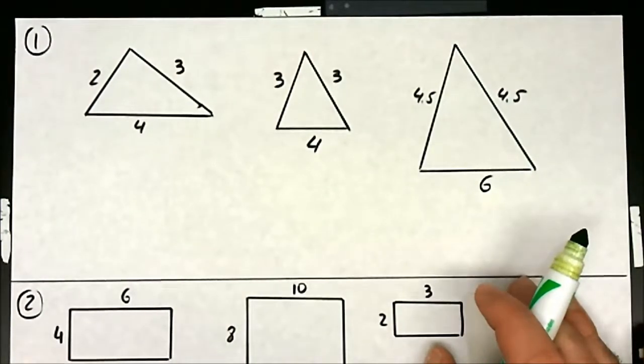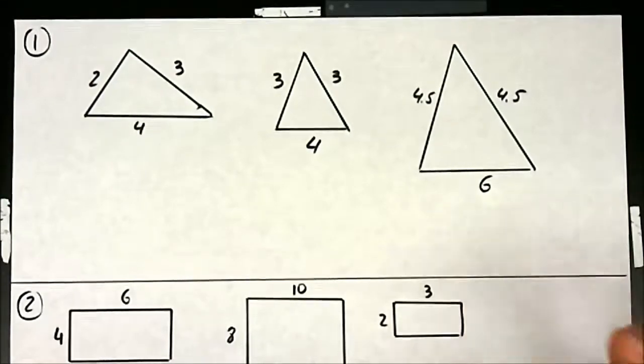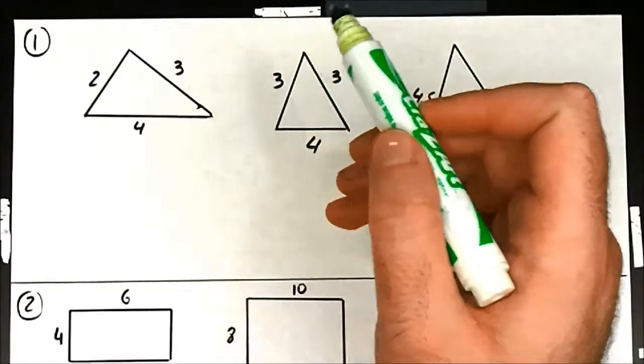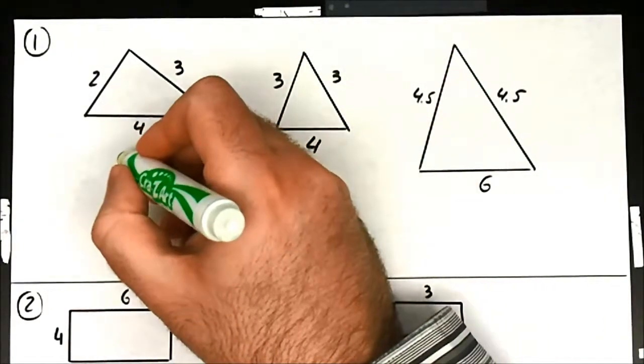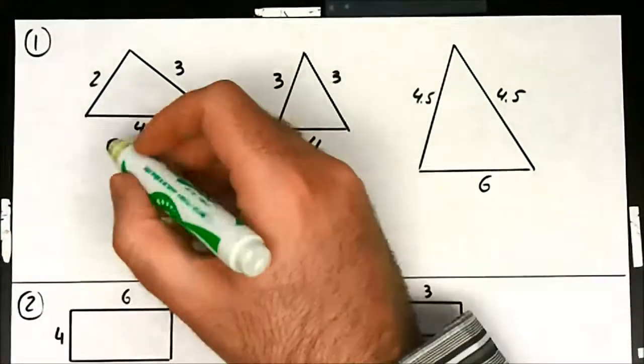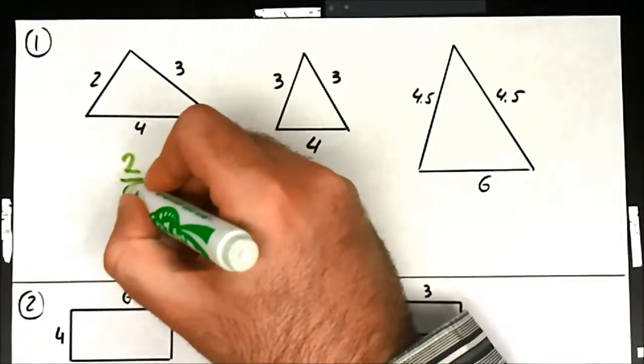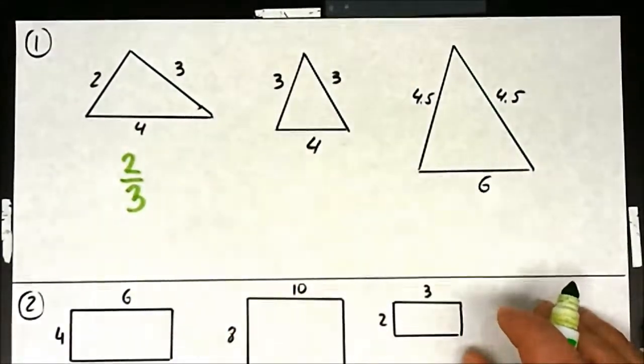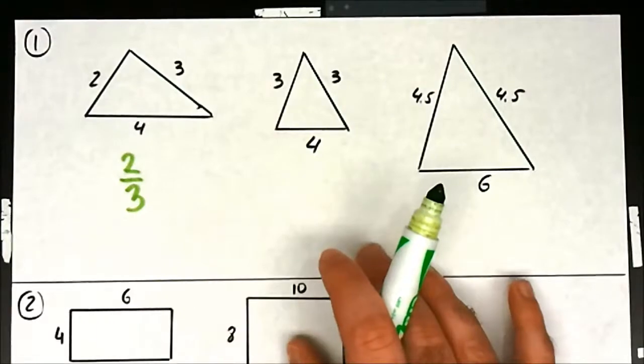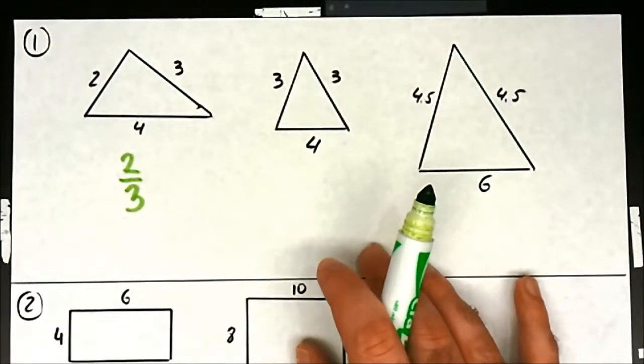It doesn't matter which two sides you compare, but at that point you just have to stick to those sides. I'm going to choose this side and this side. So 2 over 3 is the ratio of that side to that side. Sorry about the background music.